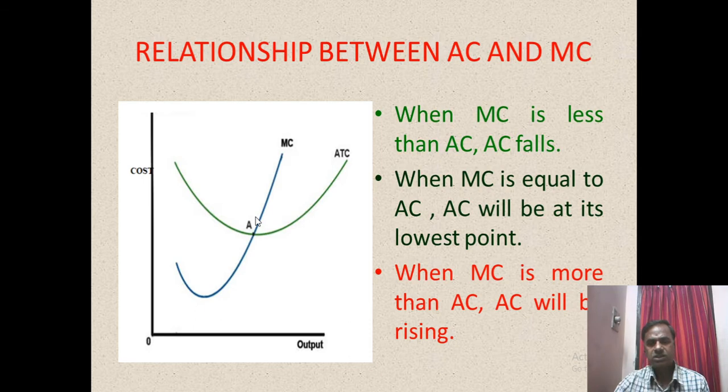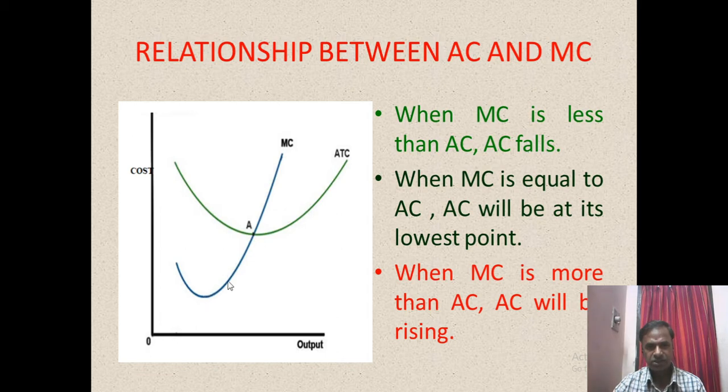The question may be asked, when MC falls, AC also falls. Is it true or false? The statement is wrong. The reason is that MC falls up to this point. Then from this point, MC started to rise.